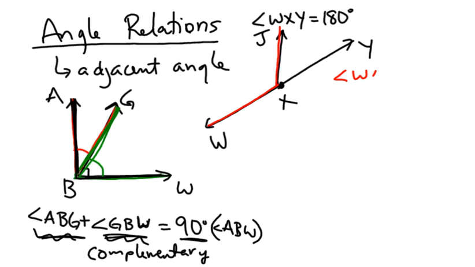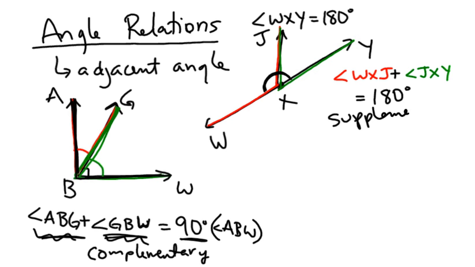We have angle WXJ, but we also have angle JXY. Together, those two angles create one big angle, so they total 180 degrees, and that makes them supplementary angles.